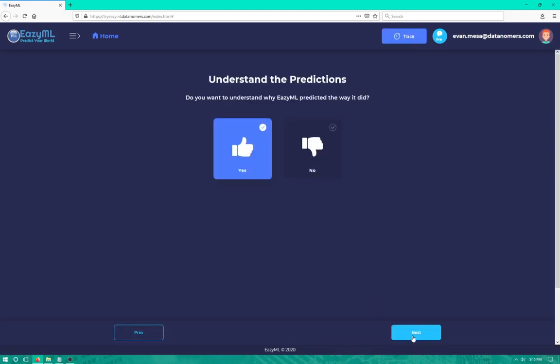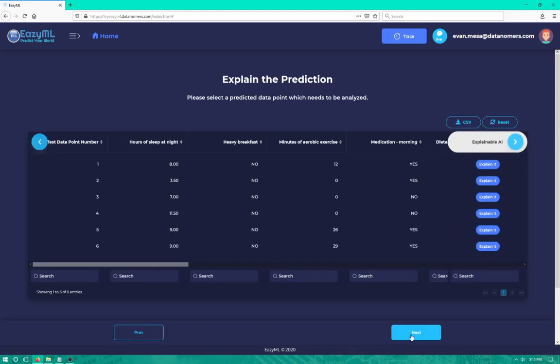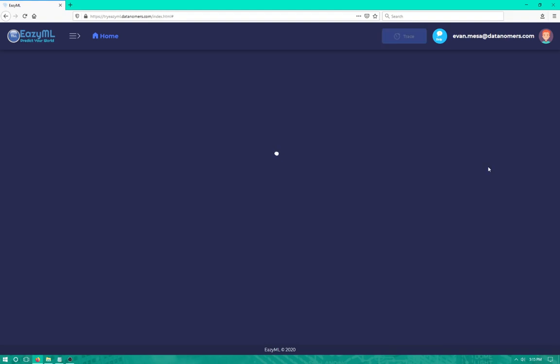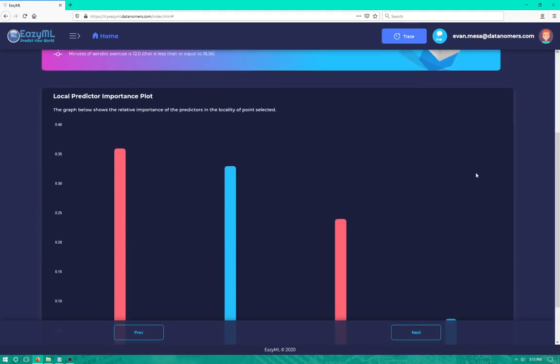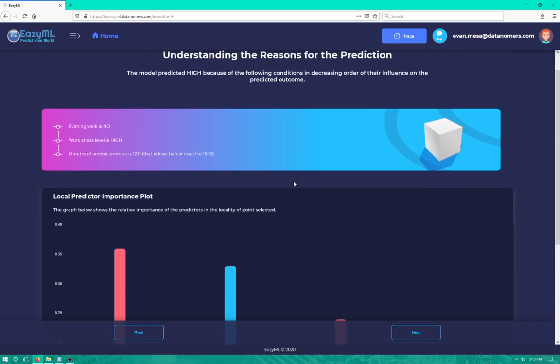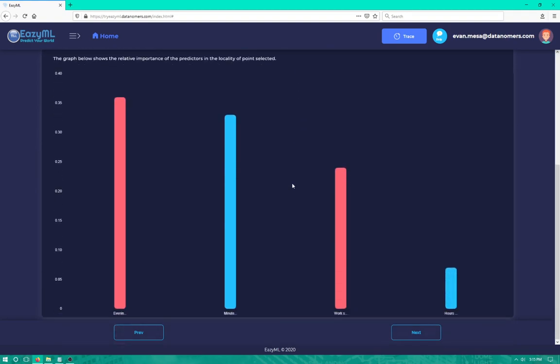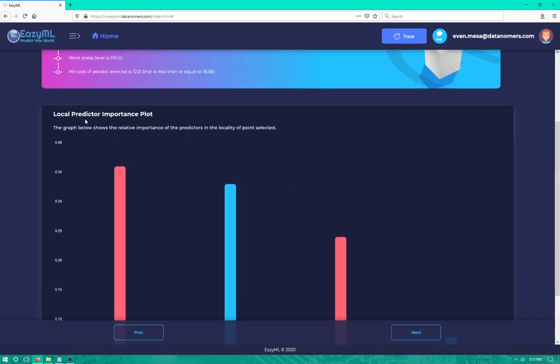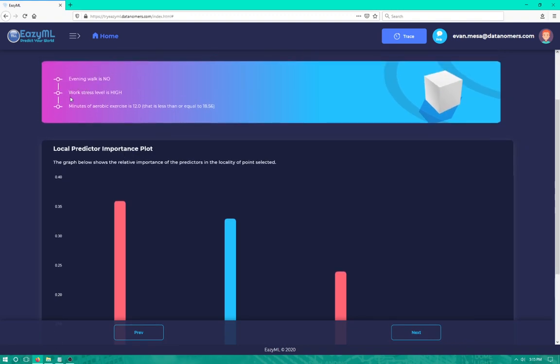Do we want to understand why? This is the part I was talking about, how it's very transparent in the way the system works. Here's a graph, the local predictor importance plot, and it shows what's going on with the work stress level and the exercise.